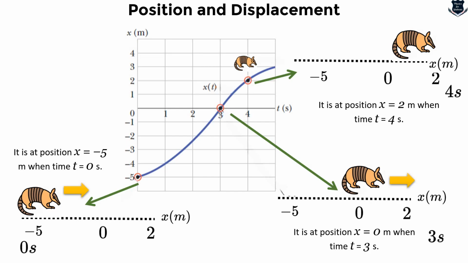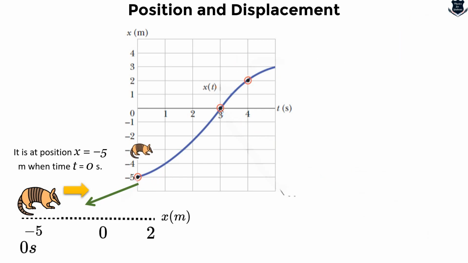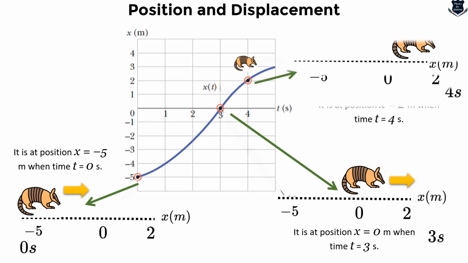So the figure is more abstract and it reveals how the armadillo moves. Let me again show you. First it was here, it moved up to here, and at this position x equals 0 and time equals 3. Then again it moves from here to here, and this is at position x equal to 2 when time equals 4.